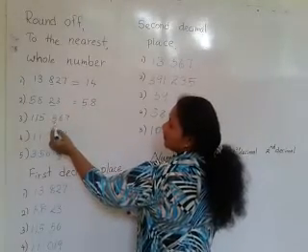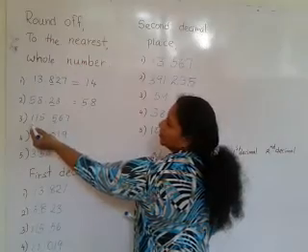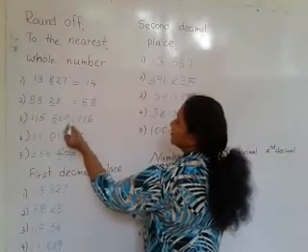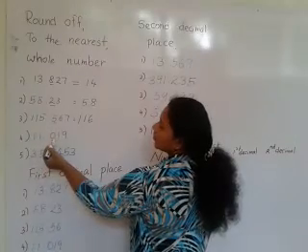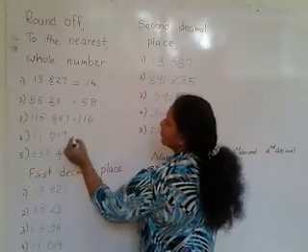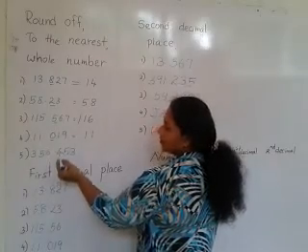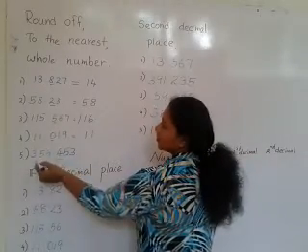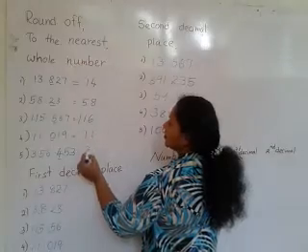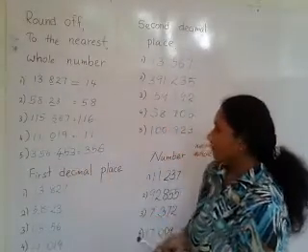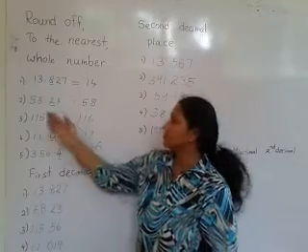Here 5, so increase 1, it becomes 116. And here 0, no change, it becomes 11. Here less than 5, so no change, it is 356.